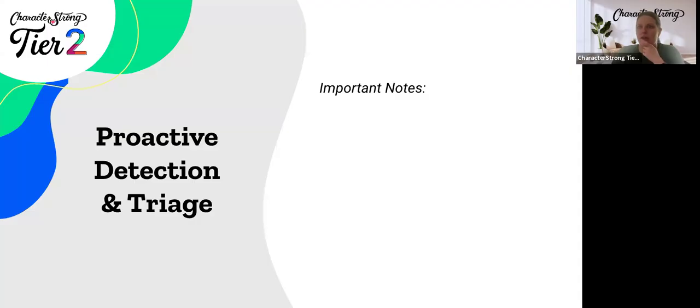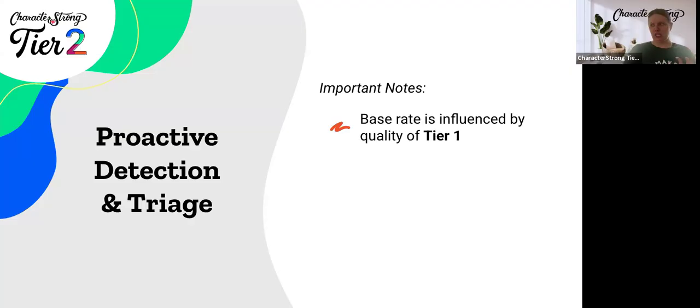Now, a couple of things that I want to mention, and then I'm going to give you some time to look at this as well. First, in proactive detection and triage, there is something called a base rate. The base rate is, after you collect all this data, how many students do we have identified as potentially needing tier two or being at risk.